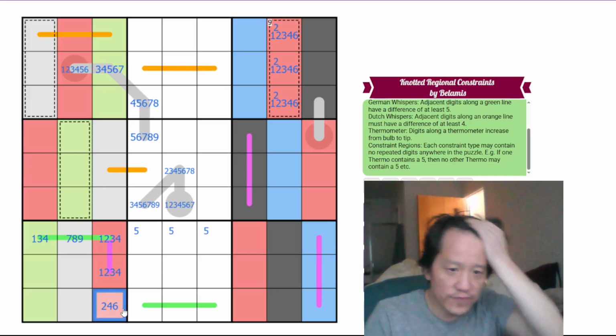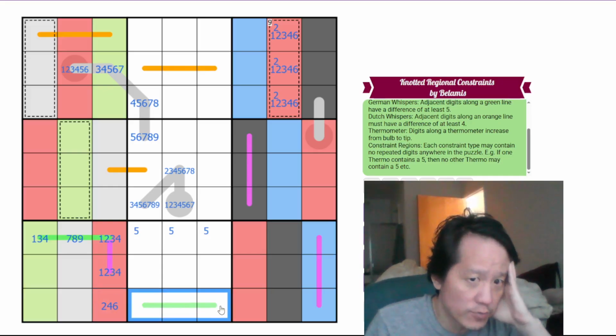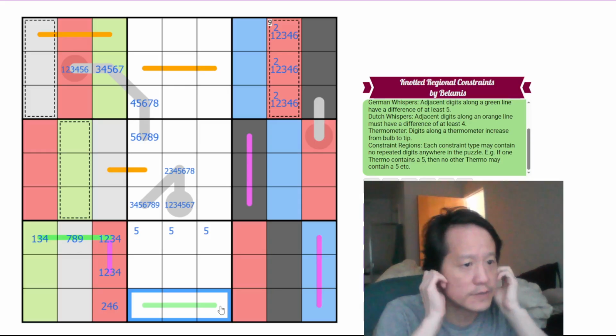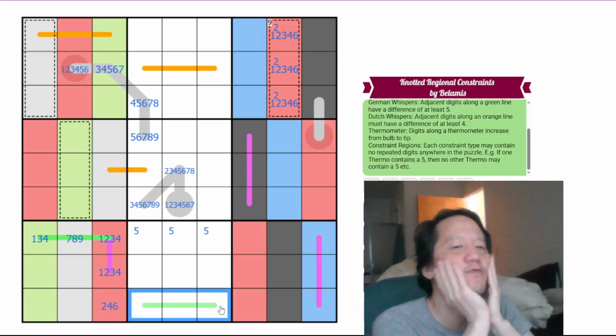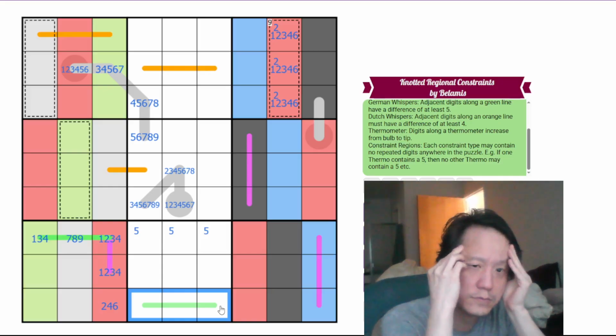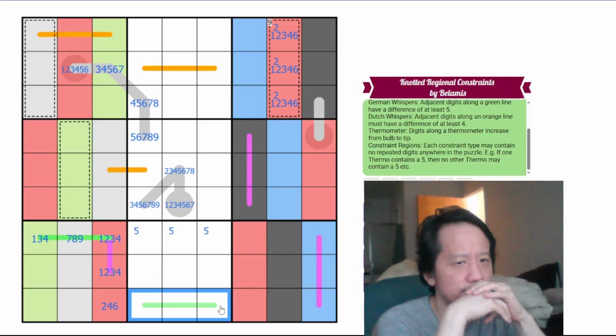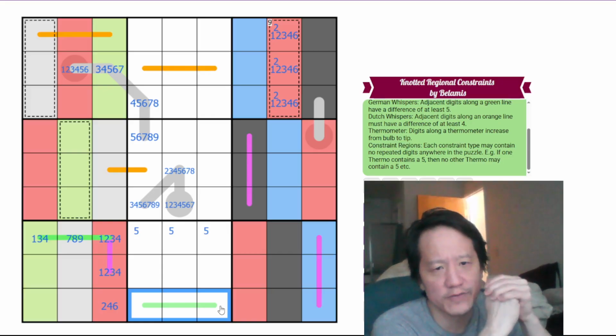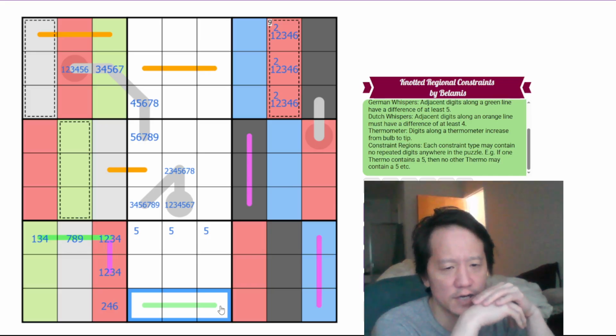Since this is 4, 4 cannot be in the rest of the German whisper line. So that would have to be... I'm not sure what that would have to be. It would have to be not 4.